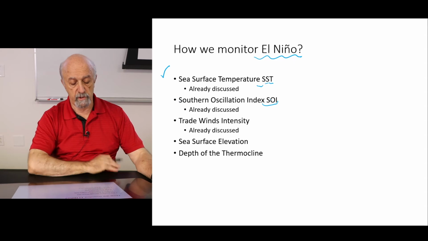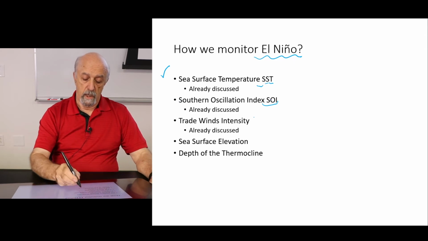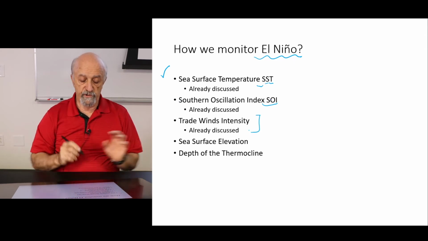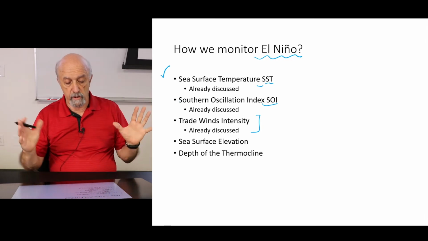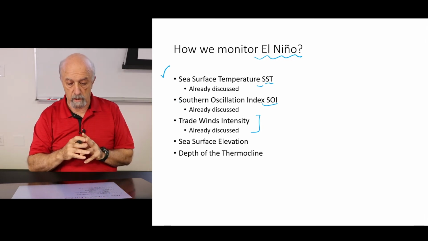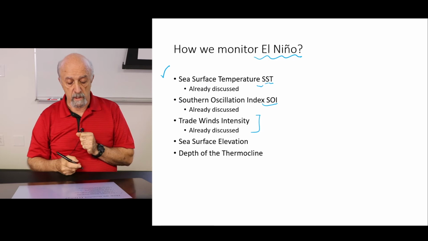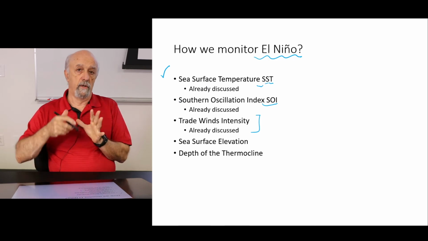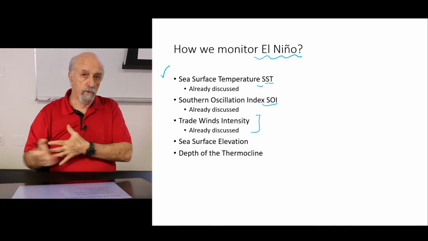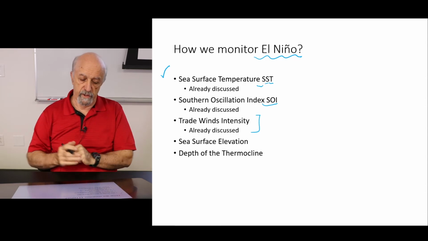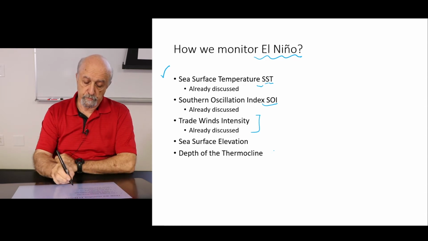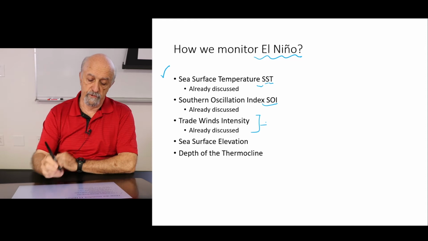We already talked about that. And we see also trade winds. Trade winds are strong, well, that's fine. We have a Niña or normal, and if the trade winds are weaker, we do go into an El Niño event. So this is something we already talked about.